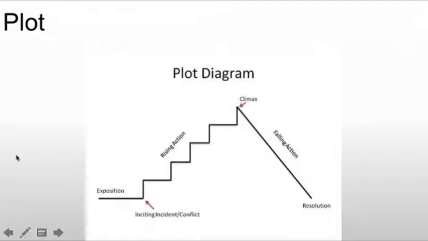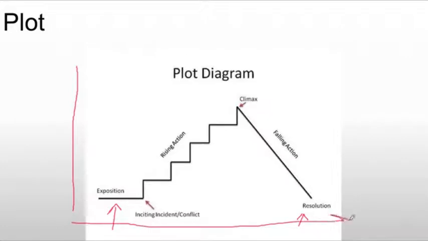And there's a point to this. There's a couple of things I want to point out. You'll notice that the exposition is at the same level as the resolution. You can read this as emotion over time. So here we have our emotional interest, and here we have time.